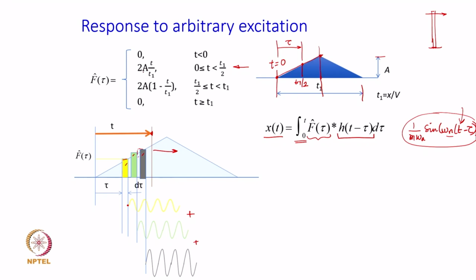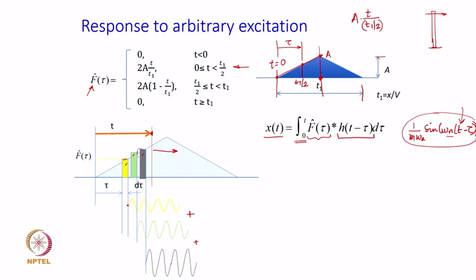So, therefore, you can say that if this is the amplitude reached, that is equal to a multiplied by t over t1 by 2, because this time is t1 by 2. That is how the force F cap is going to continuously change.